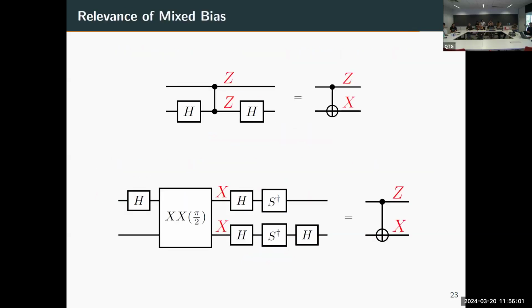And this is well motivated in terms of the kind of bias that you might see in experiment, like Z-biased CZs, or in Mølmer-Sørensen gates XX, X-biased noise. In fact, Shruti didn't explicitly talk about this bias, but at QEC mentioned how if you're assuming Z bias and you're doing CNOTs, you're going to get something like ZX. And so it's at the core of a lot of biased noise.